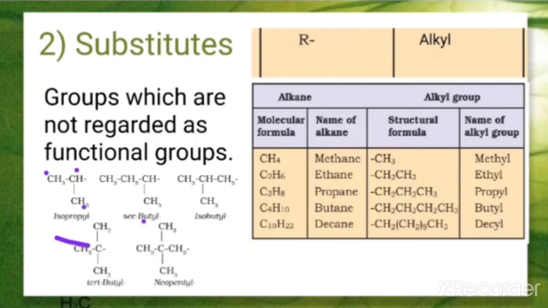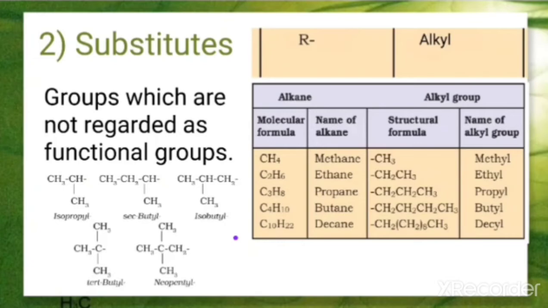Next we have secondary butyl. 1, 2, 3, 4 carbons are there, and since it is an alkyl group substituent, we use the word butyl. And why is it called a secondary carbon? Because of the attachment on this carbon, which we will discuss later in detail.